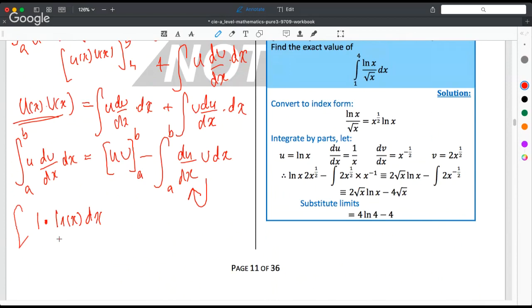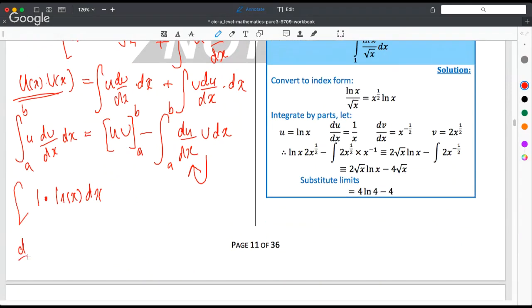Technically, there's a modulus sign, but let's not go too far into the weeds. If we differentiate the log of x, that gives us 1 over x.